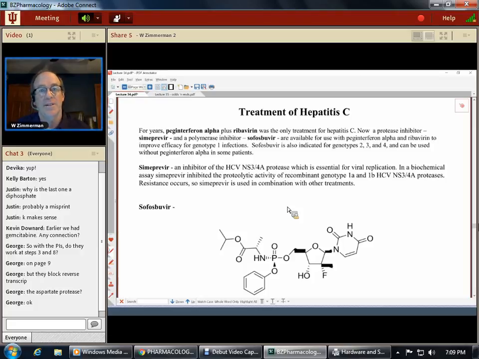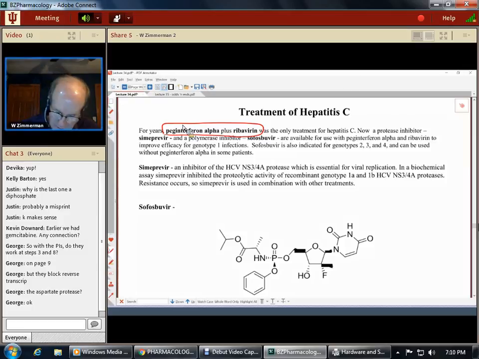Treatment with hepatitis C, wow, has this come a long way. For years, it was these two: peg interferon alpha and ribavirin. It was the only treatment for hepatitis C. It really wasn't considered curative, but if you could tolerate it and not have side effects, you could get good suppression of the hep C. But then a protease inhibitor came along, simeprevir.